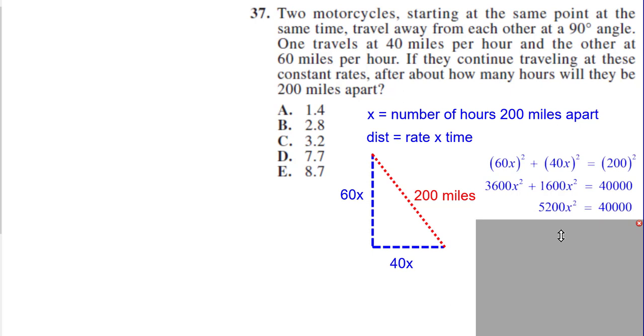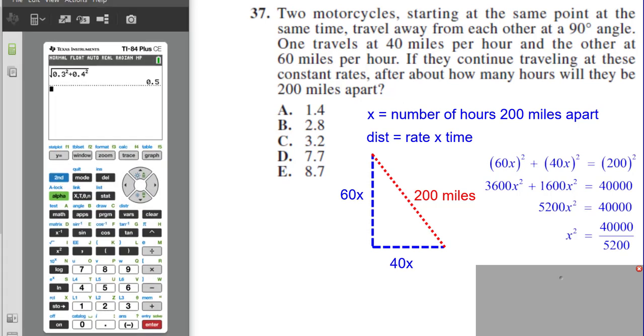Adding them up, 5200x squared, and dividing both sides by 5200, we can now go ahead and use the calculator to simplify that.